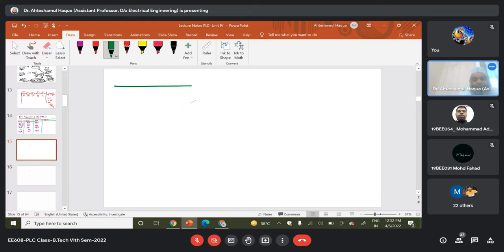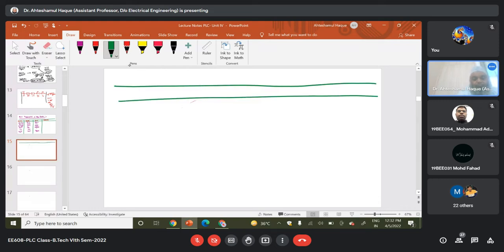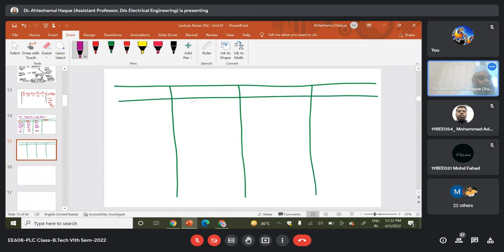Then I have command convert radians to degrees.